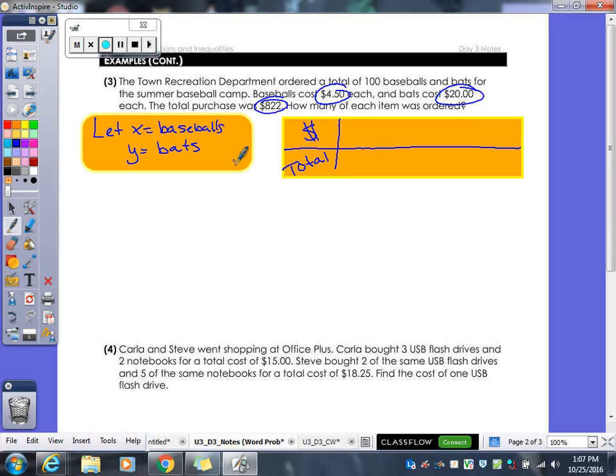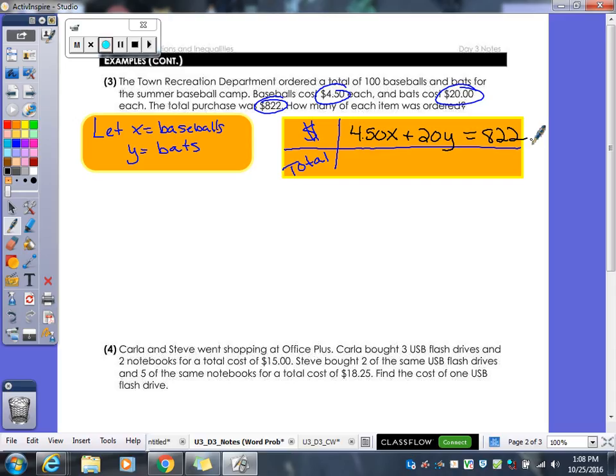We're going to talk about that in a second. Let's do the money part of it first. It says baseballs cost $4.50 each. So 4.50X. Bats cost $20 each, so that's 20Y. And I spent a total of $822. So money plus money equals money.